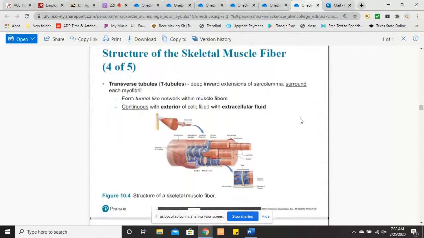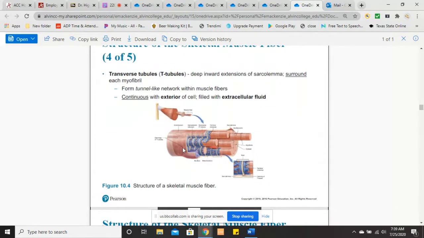And one last thing. Sometimes the plasma membrane, aka the sarcolemma, dives deep into the cell, with a deep invagination or deep inward extension, meaning it dives in. Kind of think if you have an innie belly button, that's kind of like an inward extension.